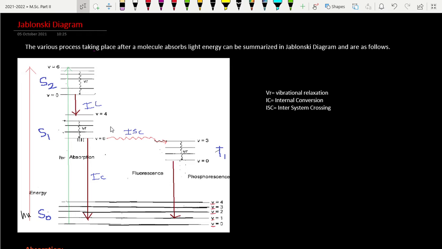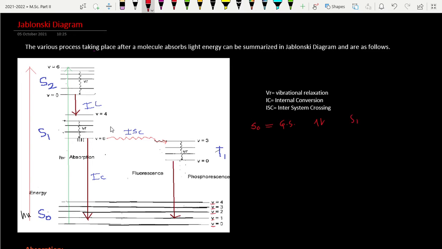Basically, the various processes taking place after a molecule absorbs light energy can be summarized in this diagram. Here, S0 is nothing but the ground state of the molecule, and at the ground state the electrons appear in pair form. Both electrons in the molecule should be paired.